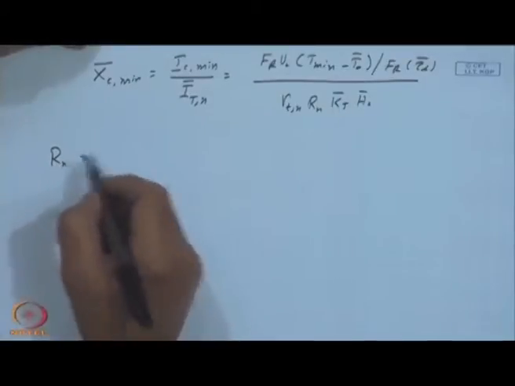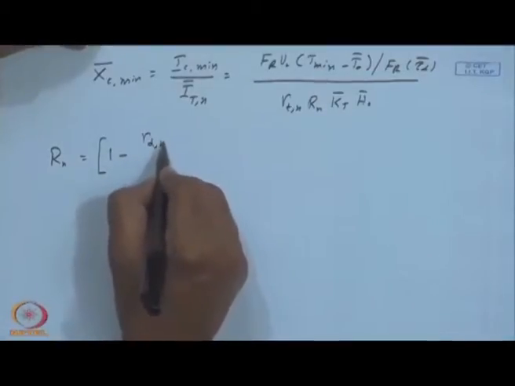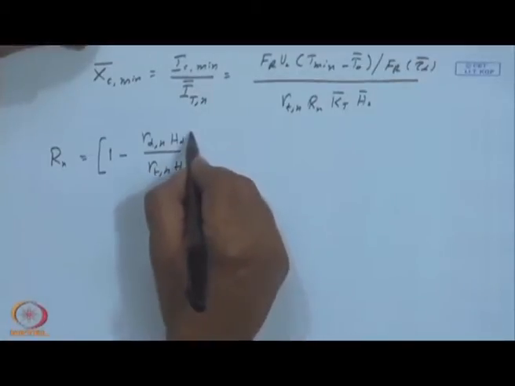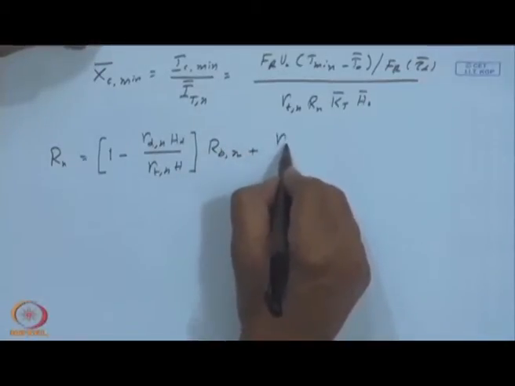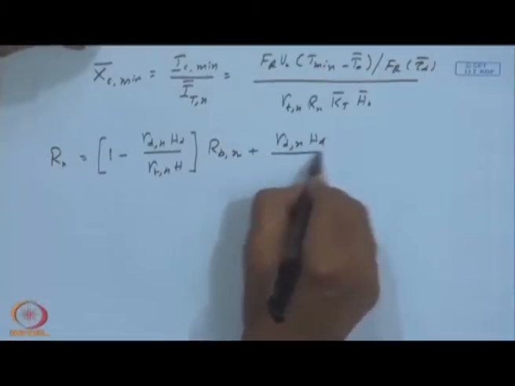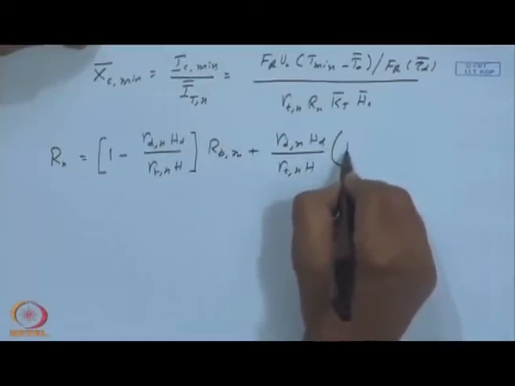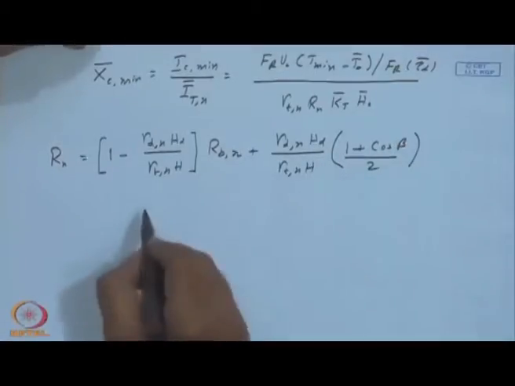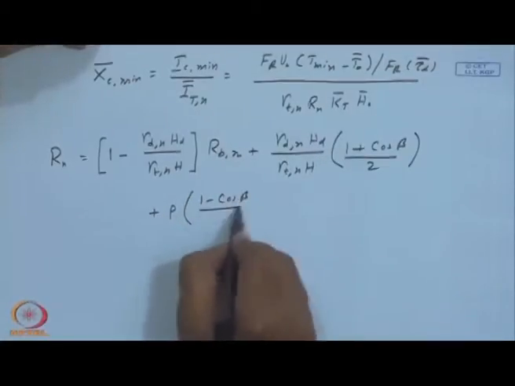Now, to be complete, for Rn, once again we will use the RT and Rn correlations: 1 minus Rdn upon Ht upon Rtn into H, Rb at the noon time plus Rd noon by Hd by Rtn H times (1 plus cos beta by 2) plus rho into (1 minus cos beta by 2).